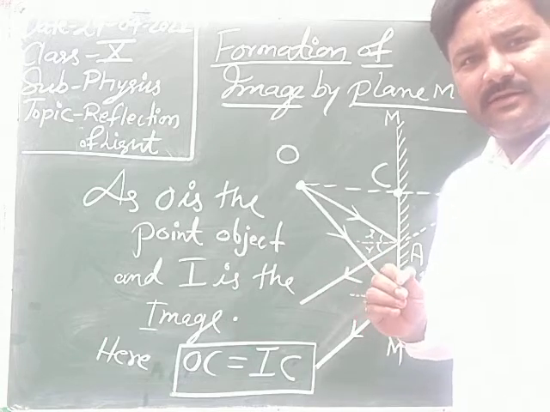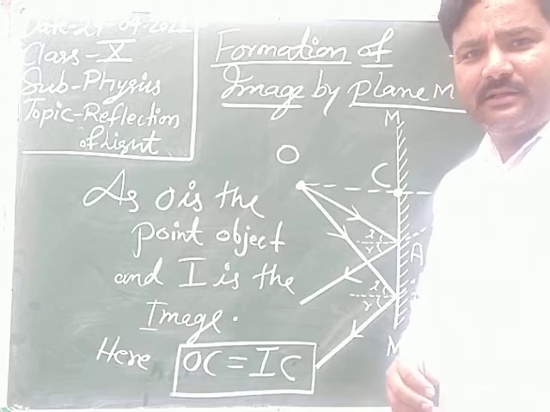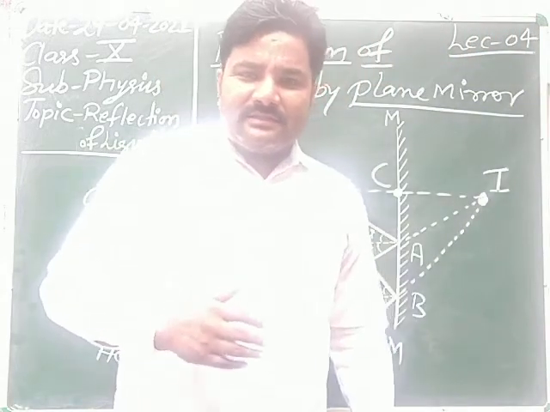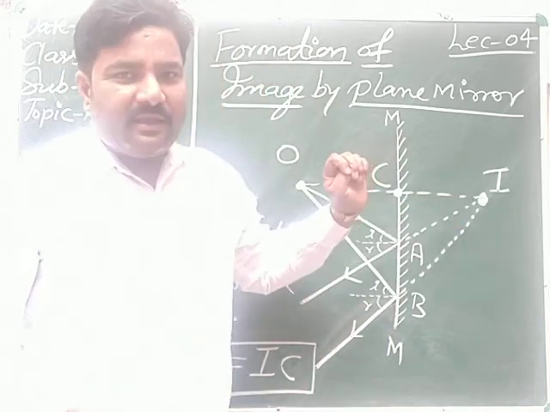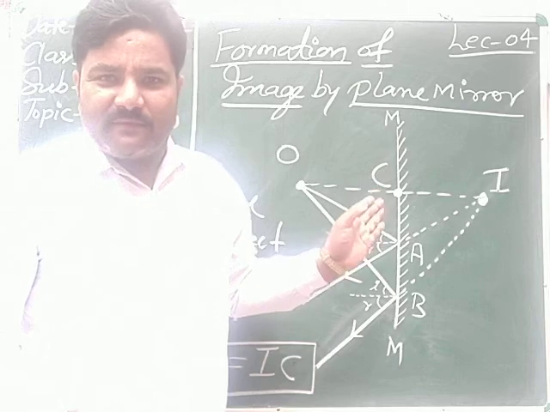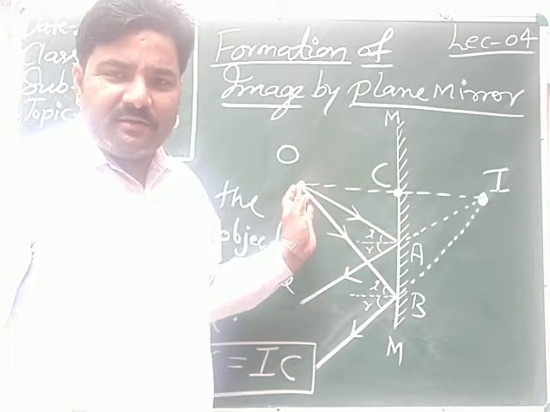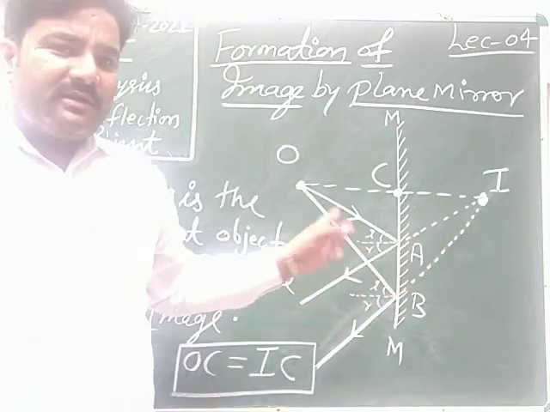Always remember, whenever any object is held in front of a plane mirror, the image of the object lies inside the mirror, and the distance of the image from the mirror must be equal to the distance of the object from the mirror. This is the concept of the plane mirror.